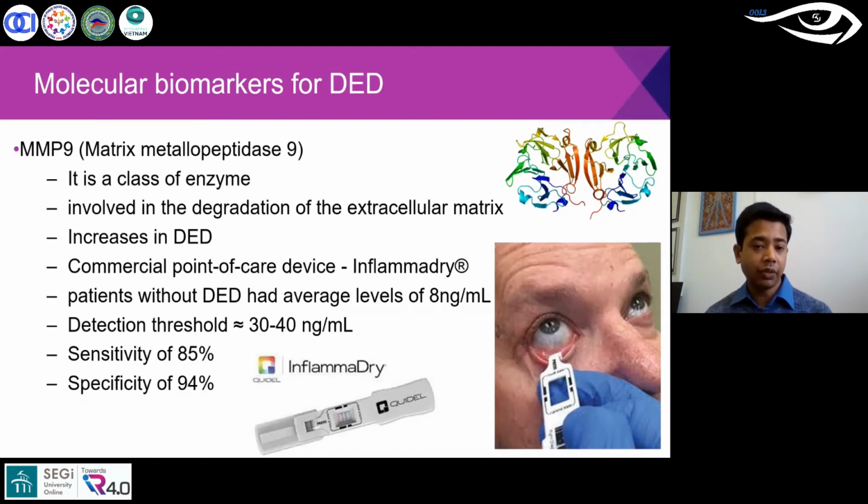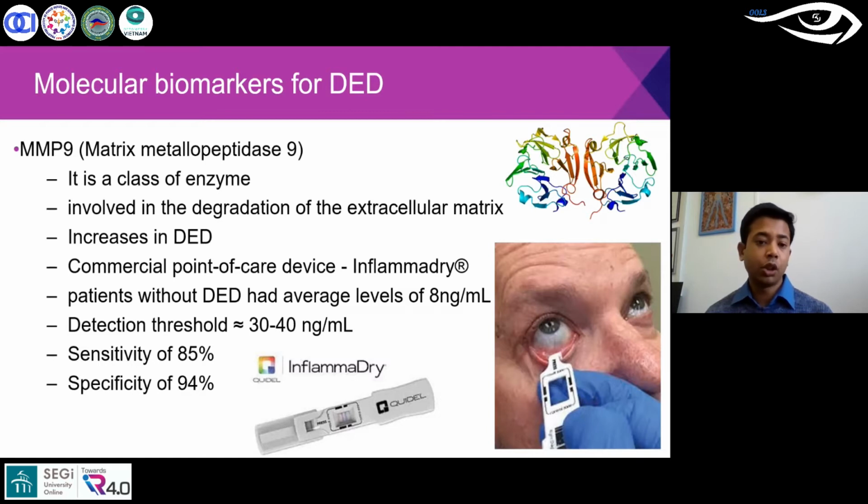It's a class of enzyme. Most importantly, if it's increased in the tear, it degrades the extracellular matrix. So it starts to degrade everything on the ocular surface. It becomes toxic, more of a tear film instability, always increasing dry eye disease.